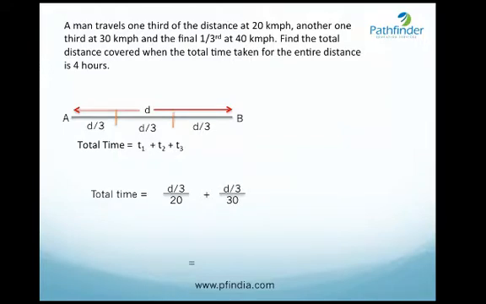Then T2, that is the time required in the second segment, is d by 3 divided by 30. And finally T3, which is the time required in segment 3, must be d by 3 upon 40. Rewriting the above equation, we have 4 hours, which is the total time, is equal to d by 60 plus d by 90 plus d by 120. On solving this, we get d is equal to 360 into 4 divided by 13.